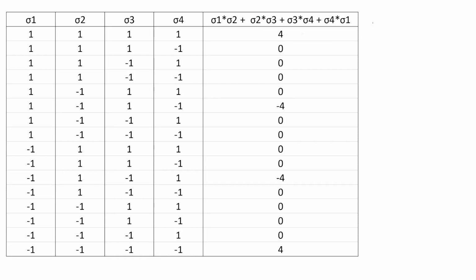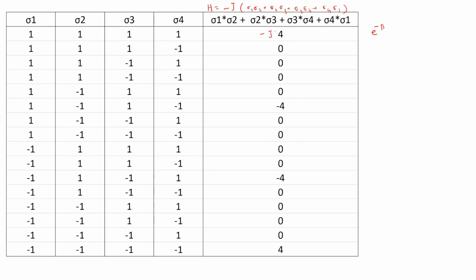Now we have H equal to minus J times sigma 1 sigma 2 plus sigma 2 sigma 3 plus sigma 3 sigma 4 plus sigma 4 sigma 1. Now we want the partition function, so we have to do e to the power minus beta times the energy.